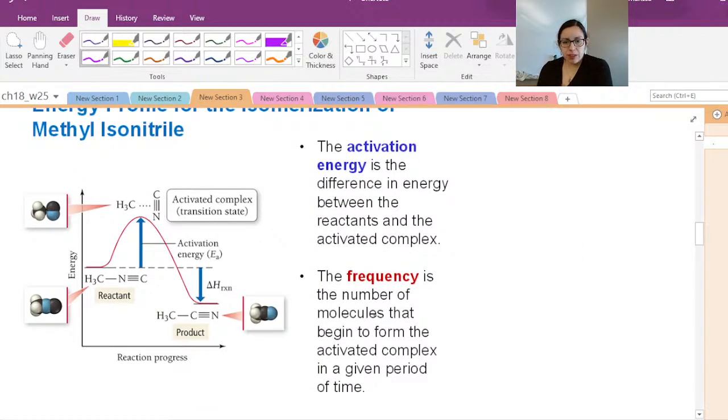And then frequency would just be related to rate. So turnover rate: how many molecules can be formed in a period of time. I'll put turnover there. This is just another measure of how much product you're getting. If you were to read some papers, they would discuss frequency or turnover rate.